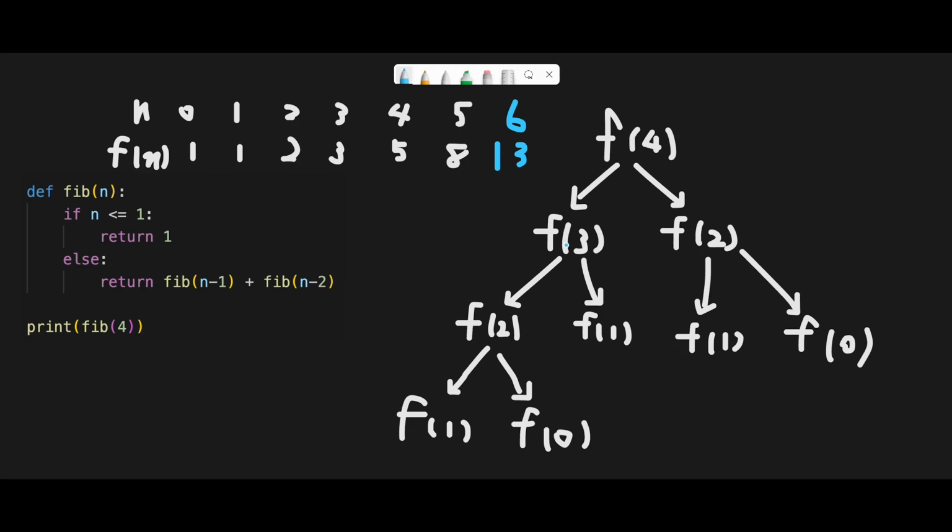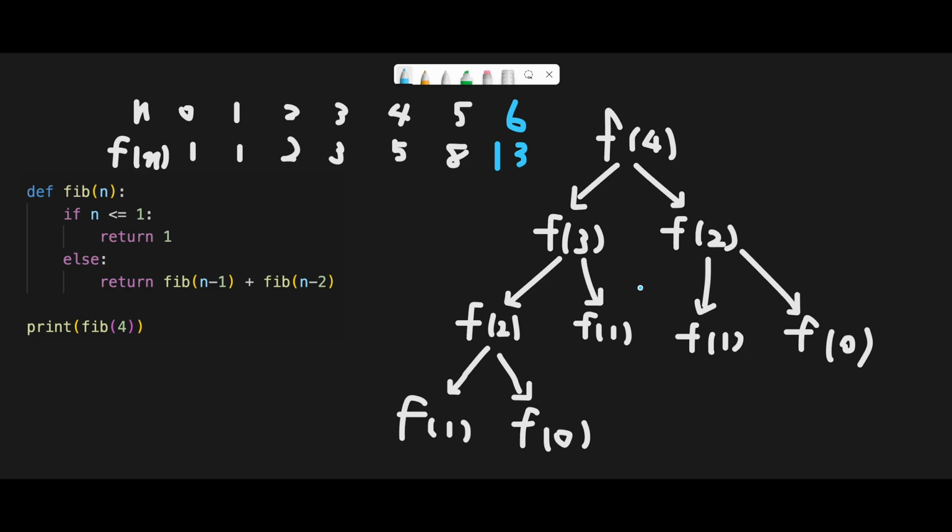Let's move down to 3, left side. Again, we have two calculations: n minus 1, which is 2, and n minus 2, which is 1. Let's move down the left side. Again, we have two calculations: n minus 1, which is n is 1, and n minus 2, which is n is 0. And we do the same thing on the right side.